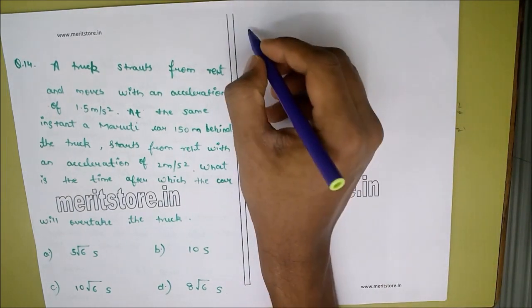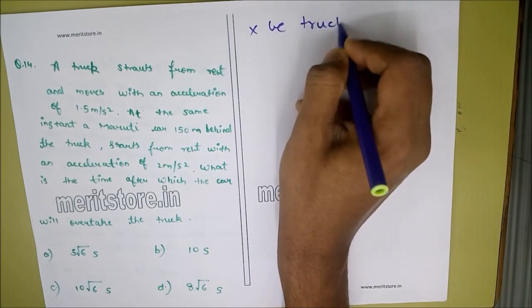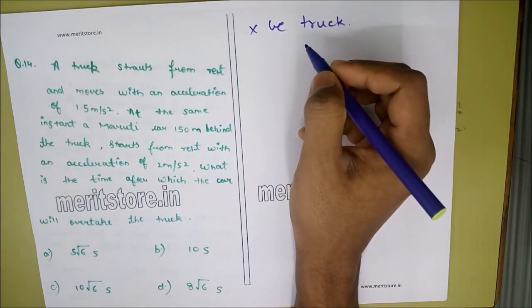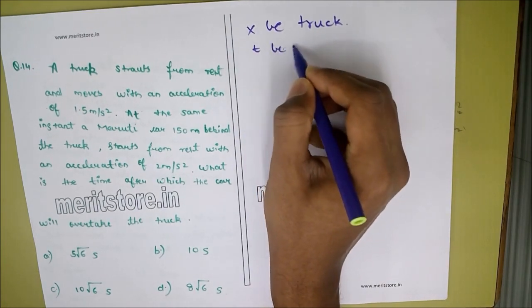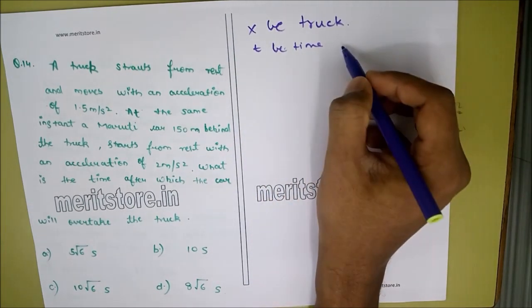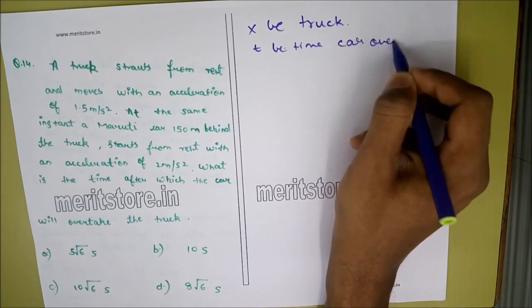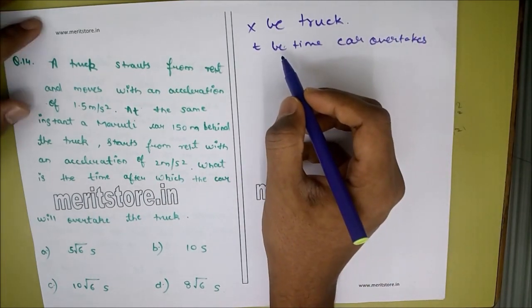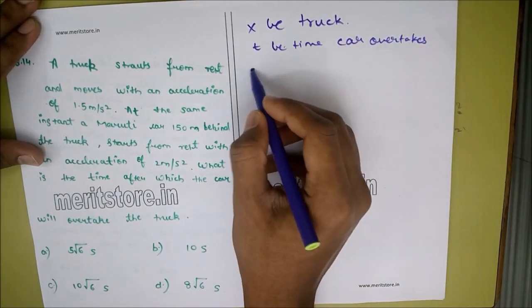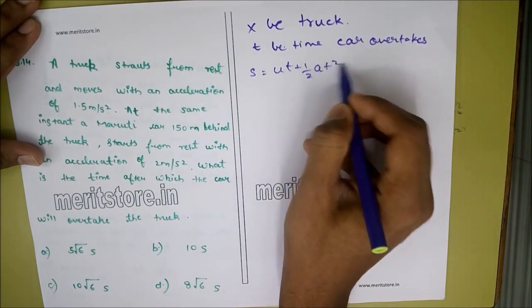So let x be the distance travelled by the truck and let t be the time before which the car overtakes the truck. So the distance travelled by the truck for the time t would be given by the relation s is equal to ut plus half at square.